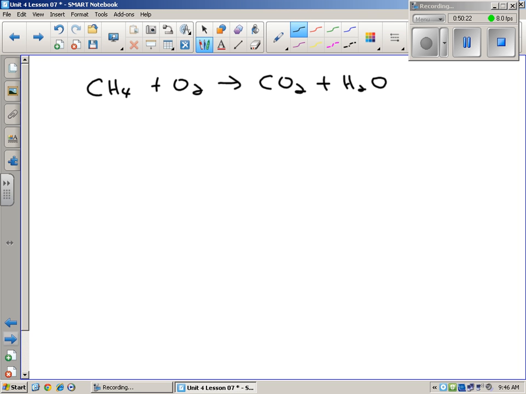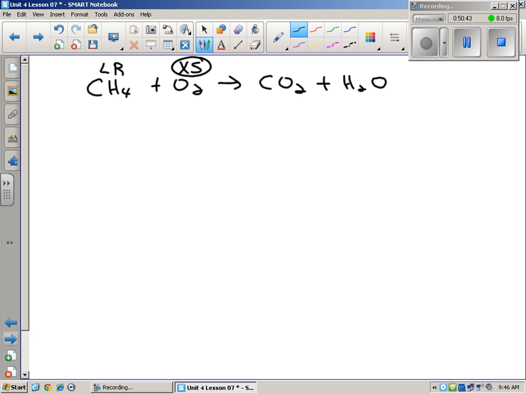Is this a limiting reactant question? And the answer is yes and no. What we've been doing so far is limiting reactant questions. Look up here for a second, guys. It says this with excess oxygen.